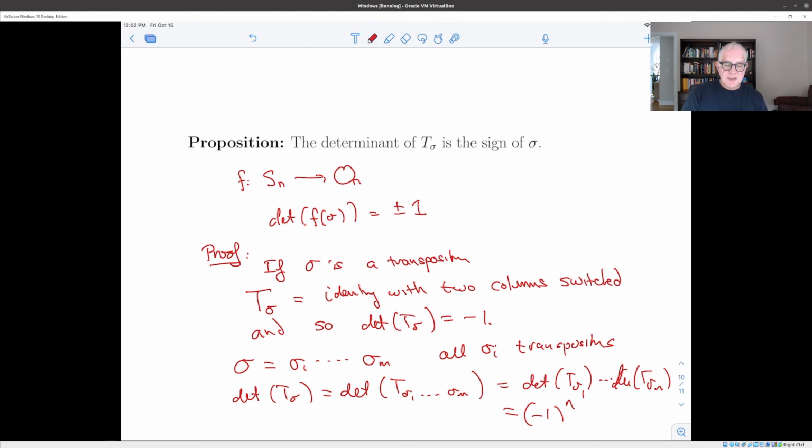We just had to use the fact that the determinant is multiplicative. And that's more or less what takes care of that. So the difference between the special orthogonal group and the orthogonal group is whether or not it preserves the sign of the permutation that has rearranged the basis vectors. Okay.